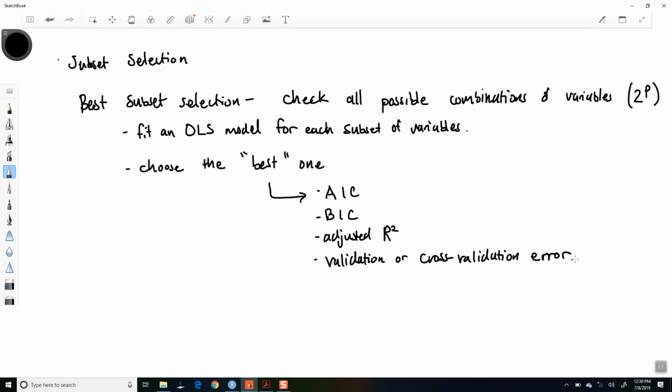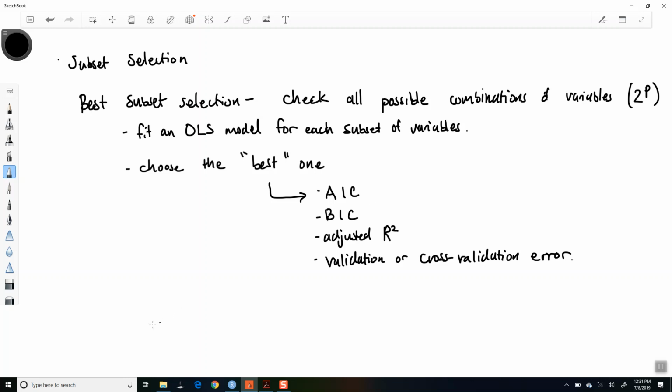Okay. The unadjusted R squared is not there. Why? Because it'll go up with more predictors. If you use the regular, unadjusted R squared, it's always going to go up if you add more predictors. So it's going to just say, use all the variables, this gives us the best result. Okay, so we don't want that, right?